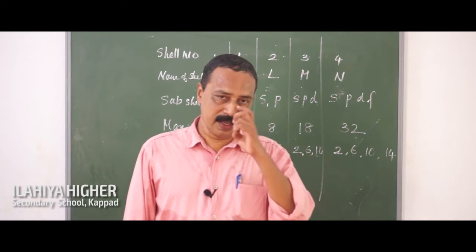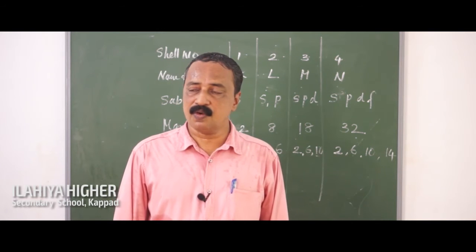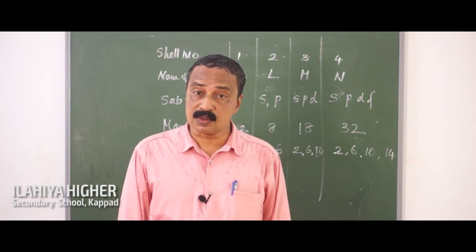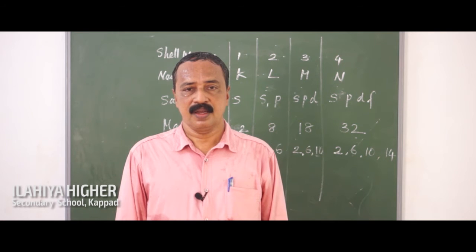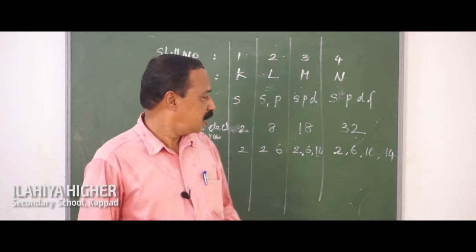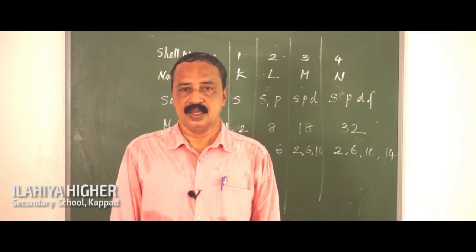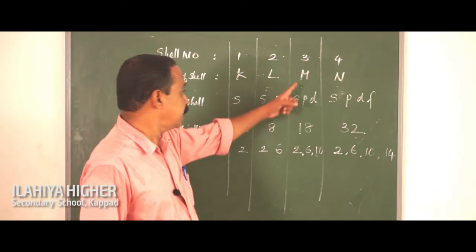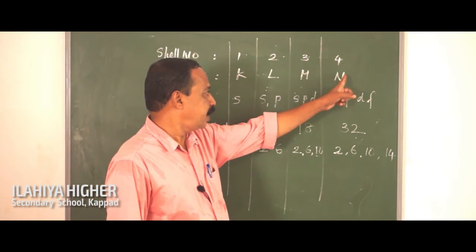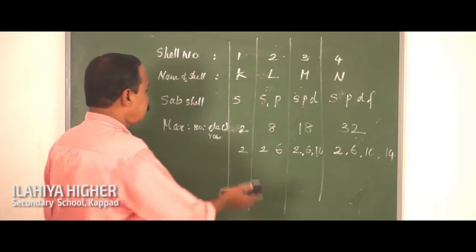Okay. So you have studied what a shell is: K, L, M, N. The maximum number of electrons can be found using the equation 2n squared, where n represents the number of the shell. The K shell has one subshell, that is S. The L shell has 2 subshells, S and P. The M shell has 3 subshells, S, P, D. And the N shell has S, P, D, F. Observe this.